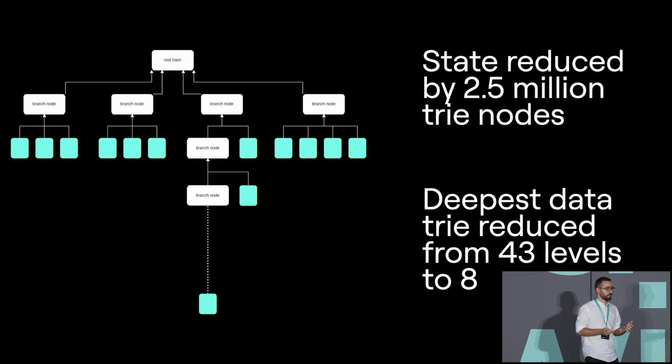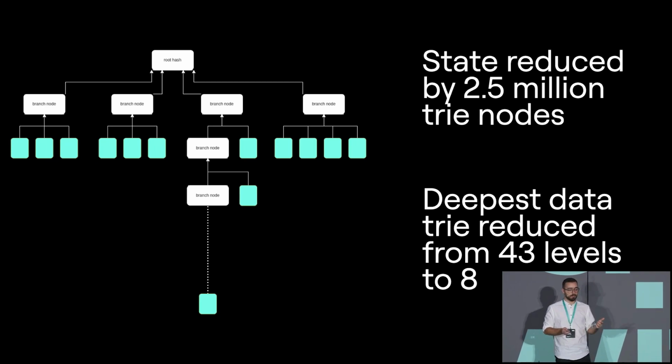So you can see that the state access will be much faster. The deepest data tree, which right now is 43 levels, will be only 8 levels after the migration. The next feature is called dynamic gas cost for data tree loads.